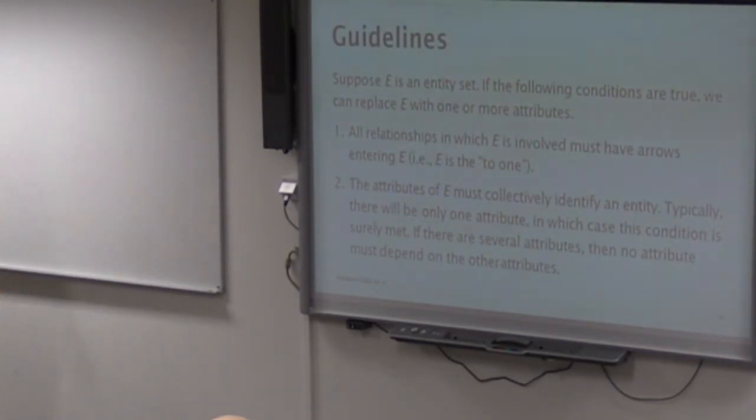Condition 2: the attributes of that entity E must collectively identify an instance. That is something we haven't been talking about, the matter of uniqueness of an instance. I will get to that in a few moments.